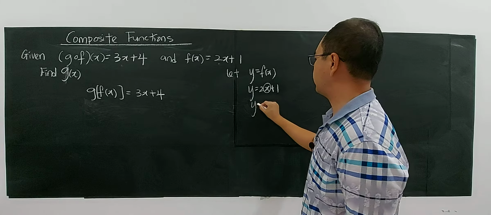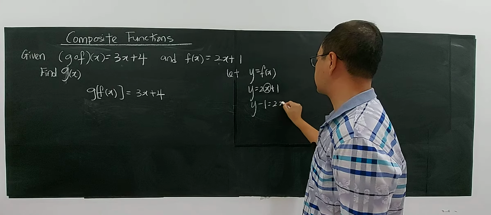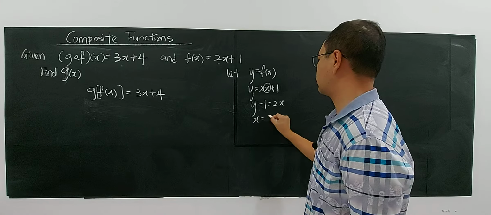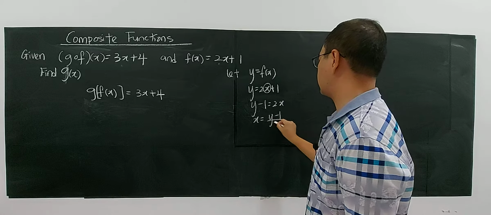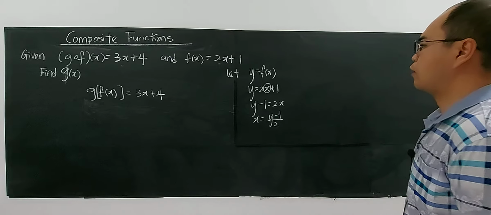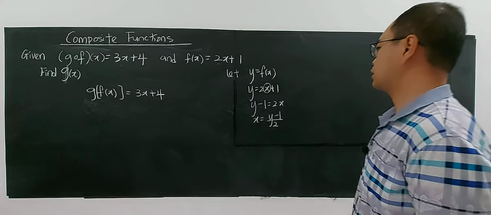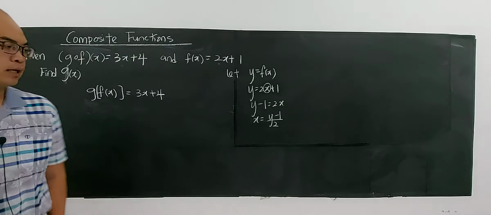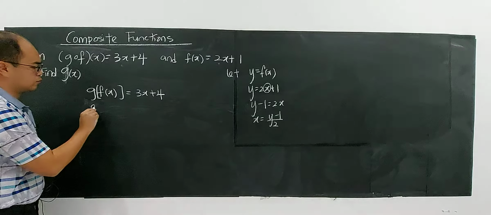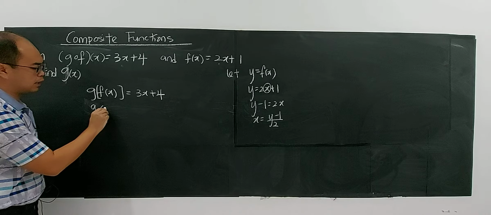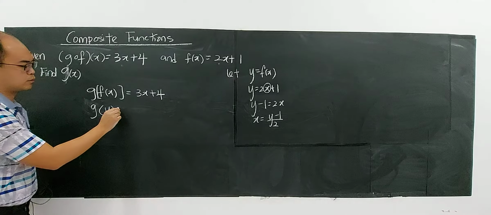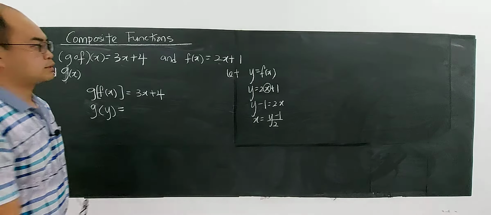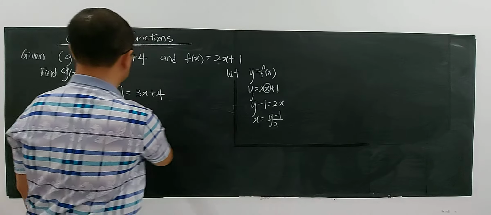So y minus 1 equals 2x, and x equals (y minus 1) divided by 2. And you're going to replace the f(x) here with y.